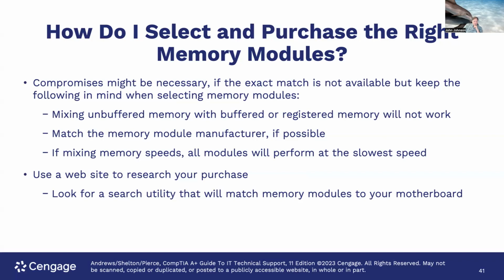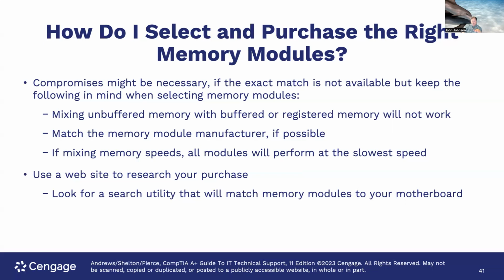But you can also use a website to research your purchase. As I mentioned before, you can find a search utility that will match your memory modules to your motherboard. There's lots of tools out there. A lot of manufacturers of memory are more than happy to take your product information and figure out what they can sell you. So do look for those tools out there. And you can do that whether we're talking about a PC or a Mac, because I have Macs mostly.